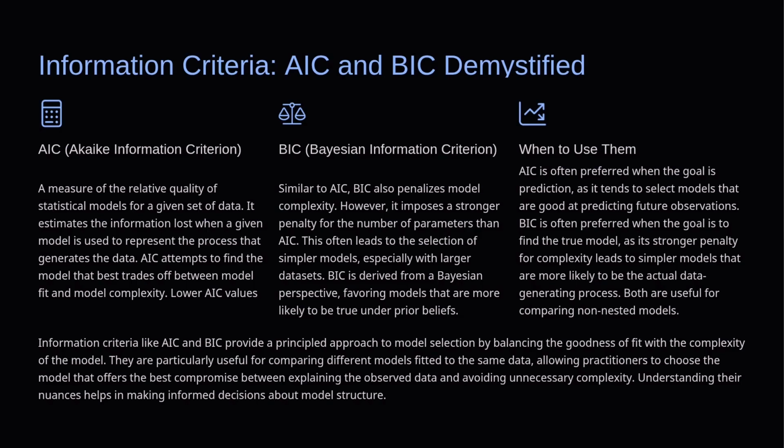Whereas BIC is similar but penalizes complexity more strongly, favoring simple models. So, AIC is better when we care about prediction, while BIC is better when we are trying to uncover the true underlying model. Both are especially useful when comparing models that aren't nested or related.